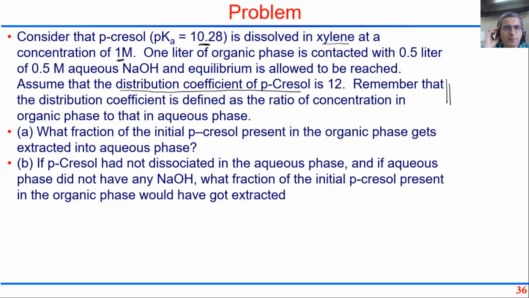Part B: if paracresol had not dissociated in the aqueous phase and the aqueous phase did not have any NaOH, what would be the fraction of initial paracresol extracted? These are the two questions I want you to think about and answer.